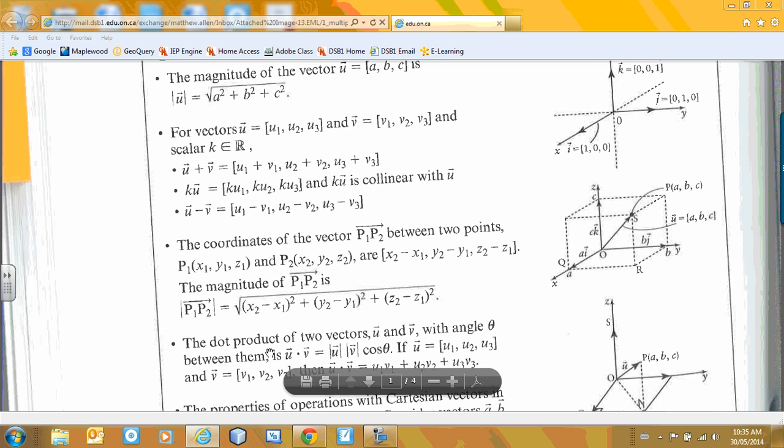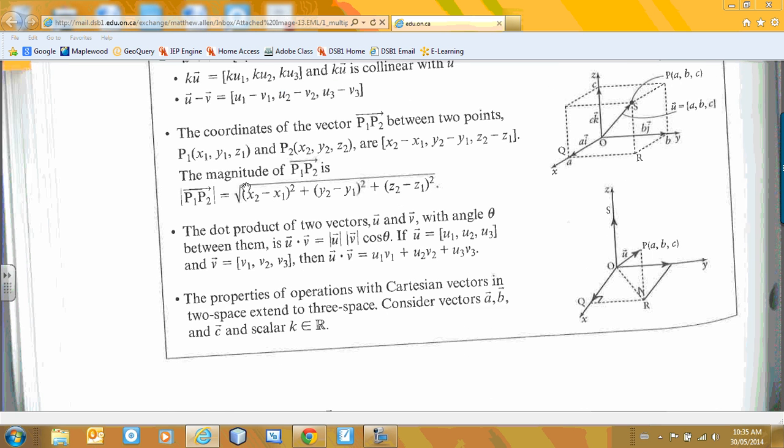And then finally, dot product. The basic formula for dot product, u dot v equals, doesn't change. It's the size of the one vector times the size of the other times cosine of the angle between.